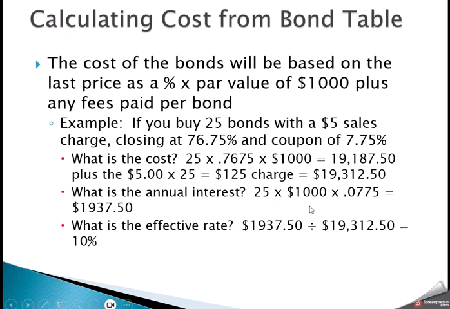Again, 25 bonds times $1,000 par value times the 7.75% or 0.0775 if I turn it into a decimal. So my annual interest is $1,937.50. So if it asks for my effective rate, I take my annual interest and divide it by my cost, and that effective rate is 10%.